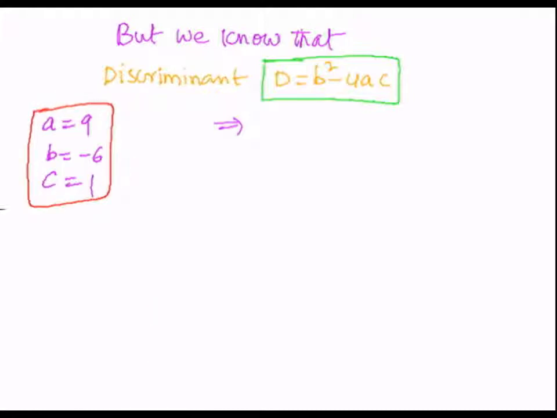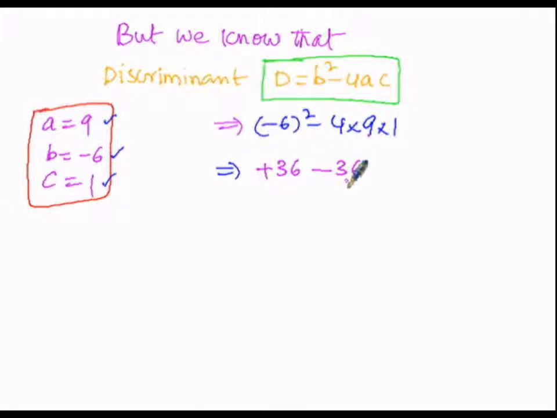Then the next logical step will be b square, that is minus 6 whole square, minus 4 into a value 9, then c value is 1. That implies minus 6 whole square. Minus must be multiplied twice, minus into minus is plus. Then 6 into 6 is 36, minus 4 9s is 36, 36 1s is 36.